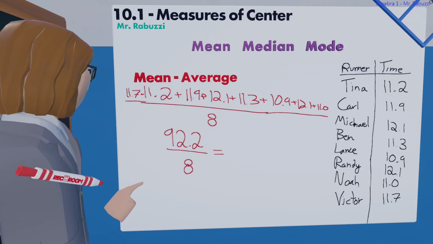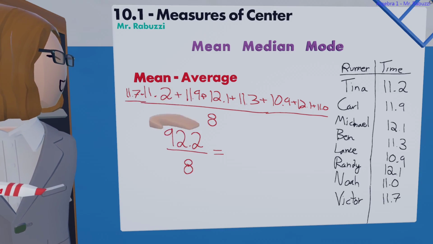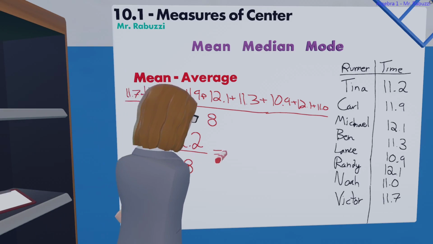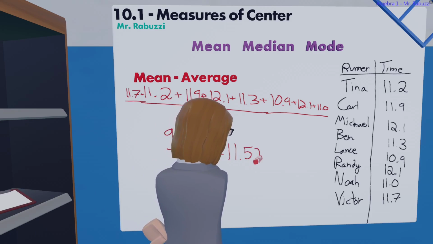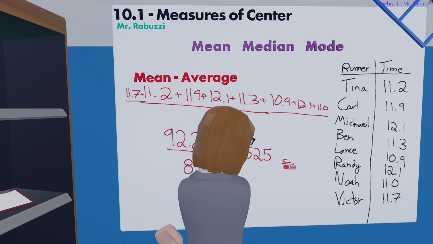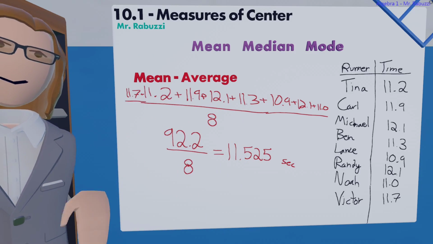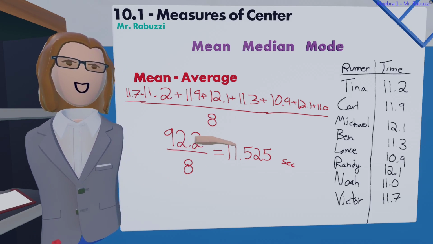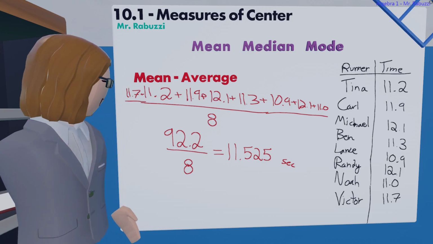So in your calculator, you can just add, get the answer, and divide by 8. And you'll find out it was 11.525 seconds. So the average time it took to run was 11.5 seconds, really close to 11.5 seconds.